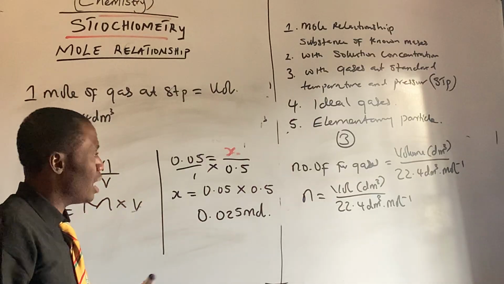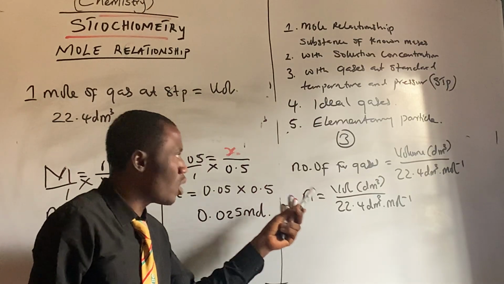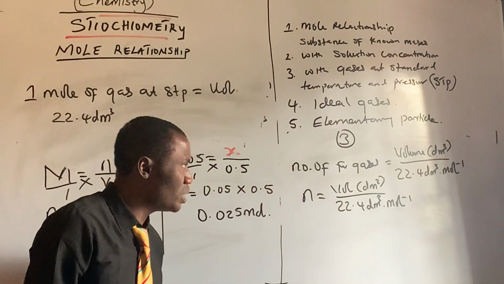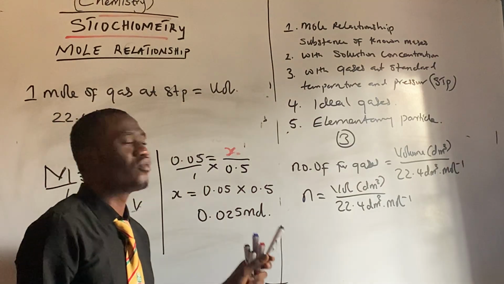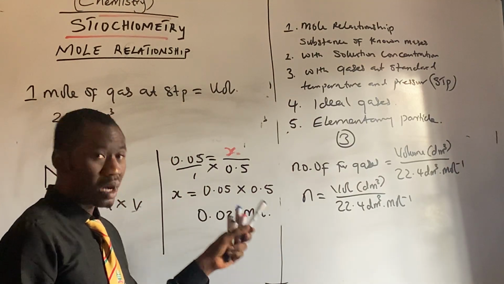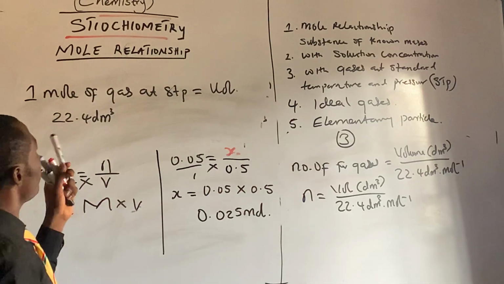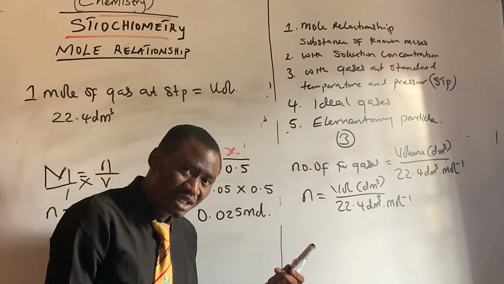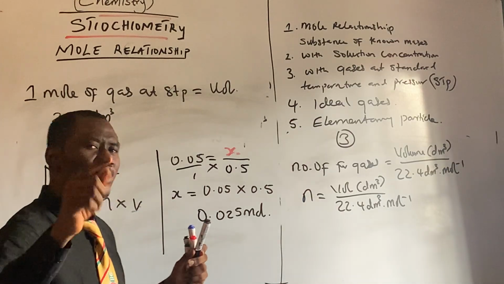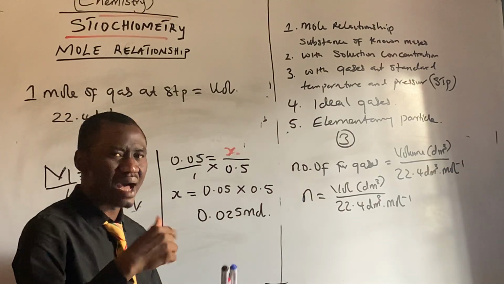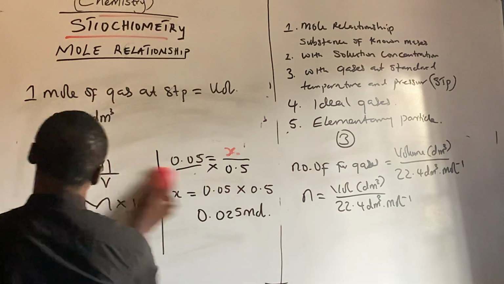Are you following that now? So for the number of mole of gases at STP, it is the volume of gas divided by 22.4 dm3 per mole, because 1 mole of gas at STP contains 22.4 dm3. If your question is in cm3, convert to dm3. Let's have a question.